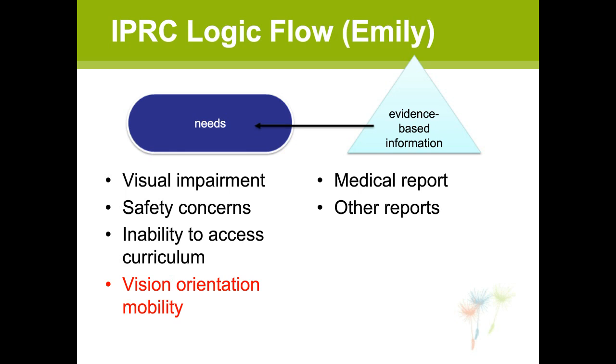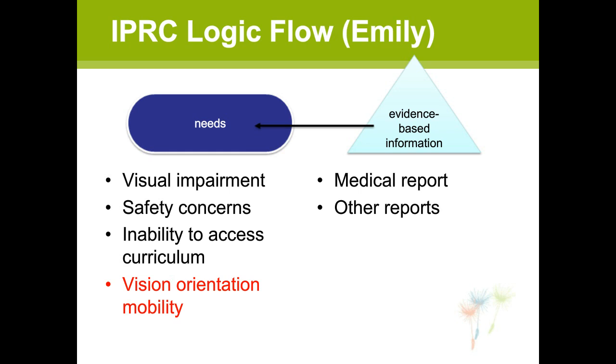So if we look at the flow chart, and we're recalling Emily, what's our evidence? We have medical reports, doctors that are qualified to say she's visually impaired and giving numbers to that, how visually impaired she is. And in this particular scenario, she's completely visually impaired. But there might be other reports from other people talking about needs that she has, people that are qualified to write those reports.